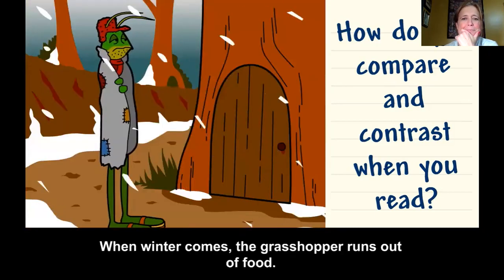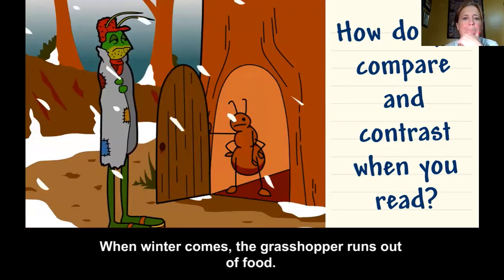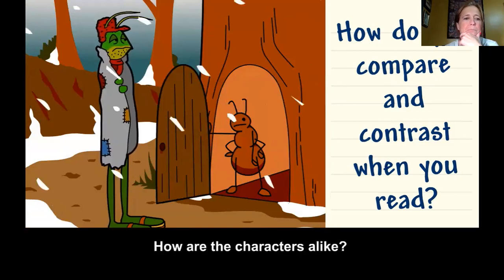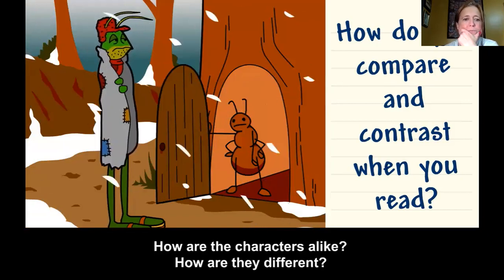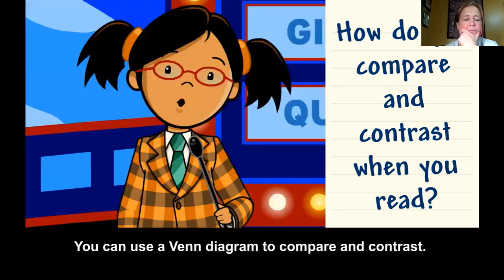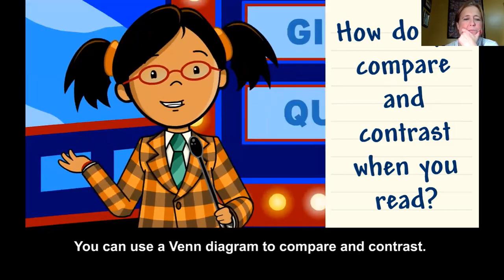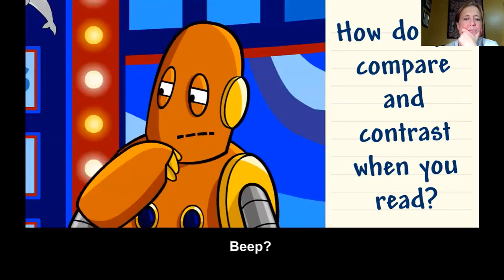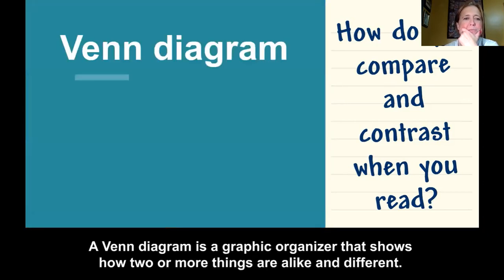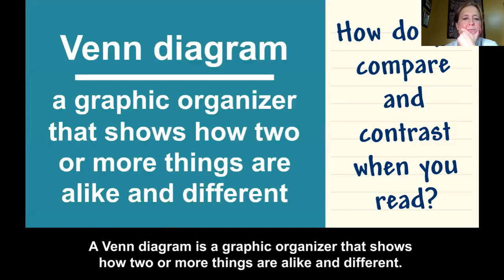When winter comes, the grasshopper runs out of food. How are the characters alike? How are they different? You can use a Venn diagram to compare and contrast. A Venn diagram is a graphic organizer that shows how two or more things are alike and different.